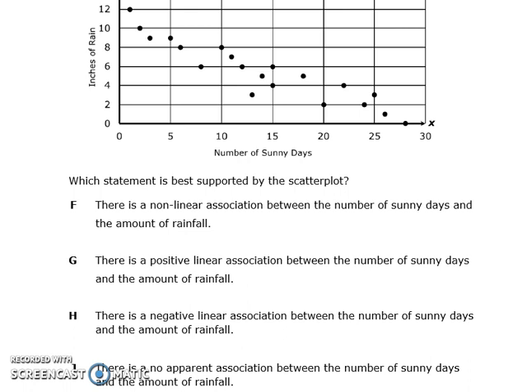G. There is a positive linear association between the number of sunny days and the amount of rainfall. H. There is a negative linear association between the number of sunny days and the amount of rainfall. Or J. There is no apparent association between the number of sunny days and the amount of rainfall.